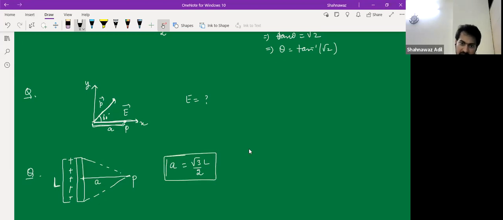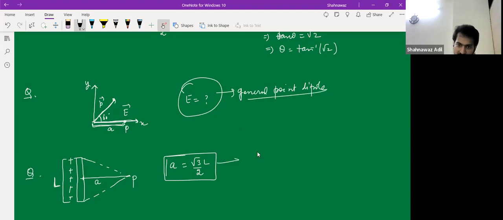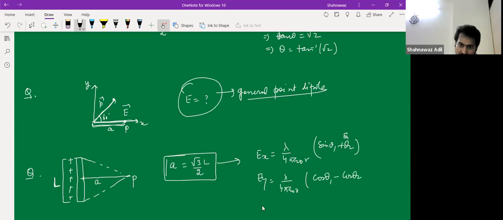The hint is the general point diagram. Ex is lambda by 4 pi epsilon r times sin theta 1 plus sin theta 2, and Ey is lambda by 4 pi epsilon r times cos theta 1 minus cos theta 2, and theta 1 equals theta.